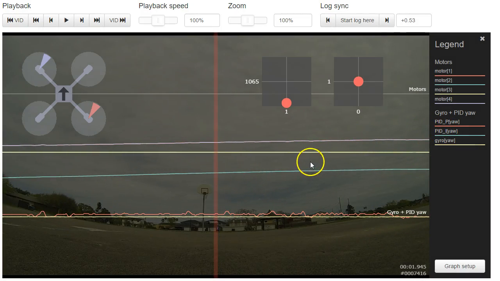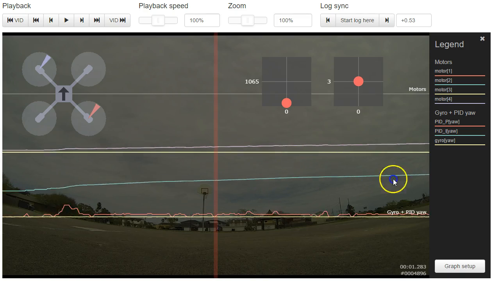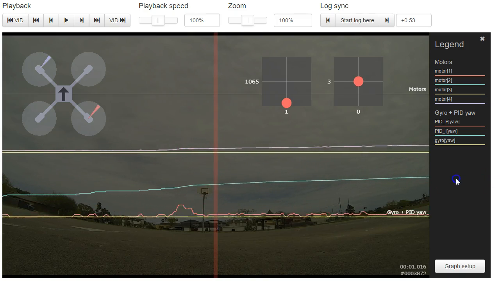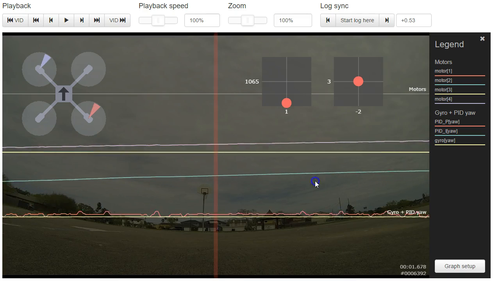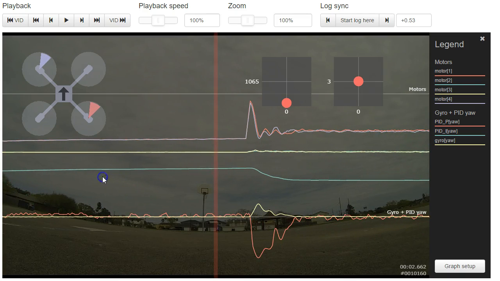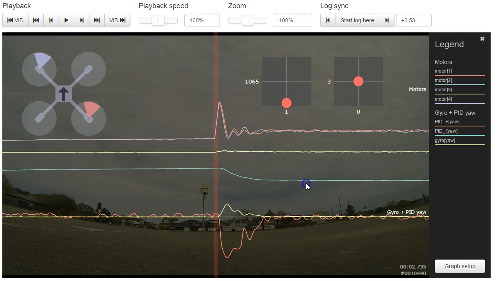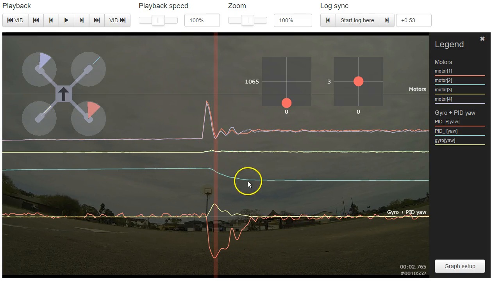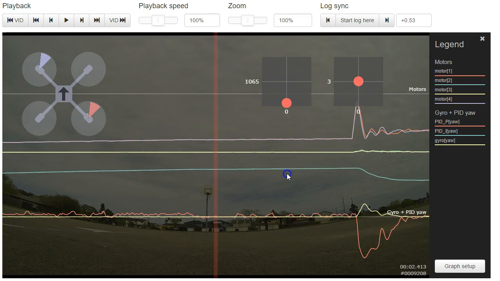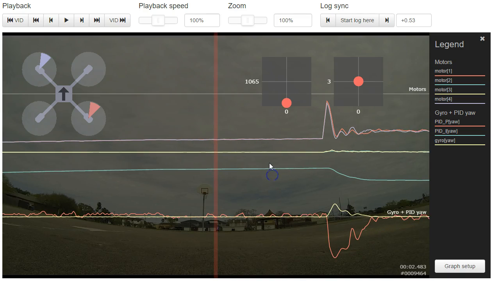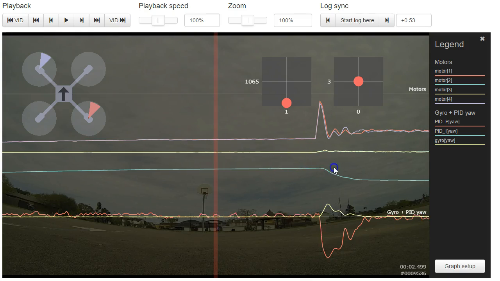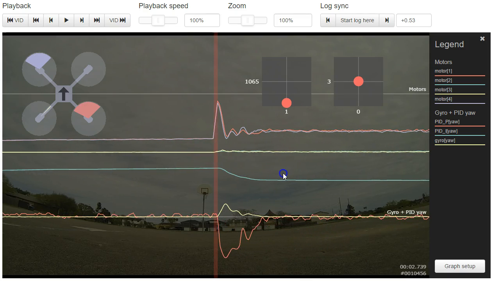And we can see that your yaw I-term is growing and growing, and then it drops a little. I wonder if what happened is that the yaw I-term was growing and growing and growing.